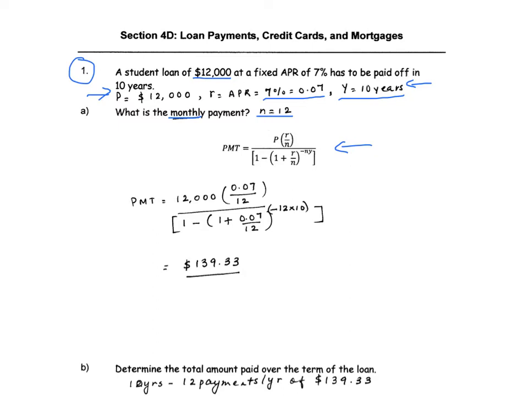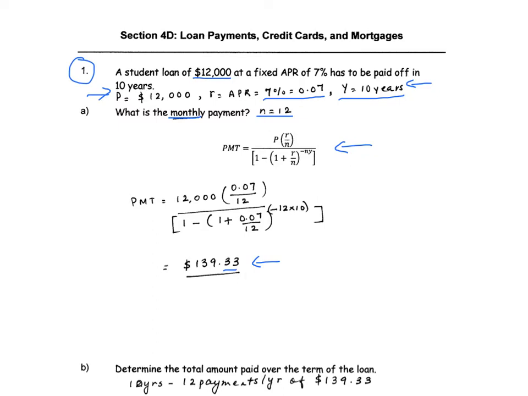Don't do the calculations in parts where you're rounding at every stage and your answer will be off slightly. Just enter everything using parentheses into your calculator carefully, hit enter, and then that final answer is rounded to the second decimal place because we want it to the nearest cent.